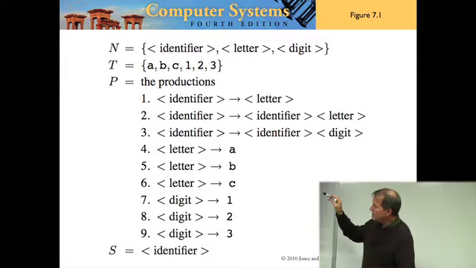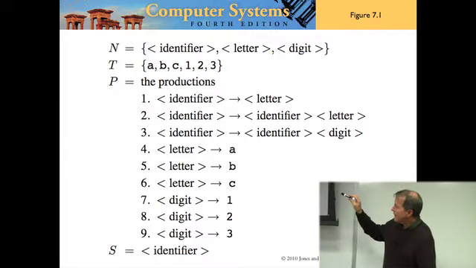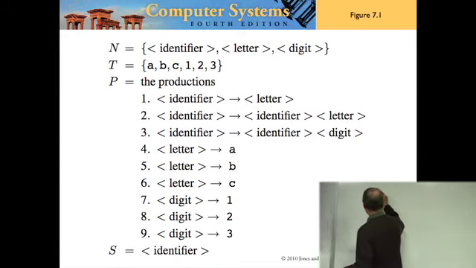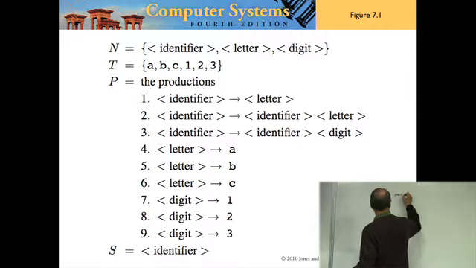And what shape does a rule of production have? It has a non-terminal and then an arrow and then a string of terminals or non-terminals. Are you with me? The way you pronounce that single arrow is produces. It's a rule of production.